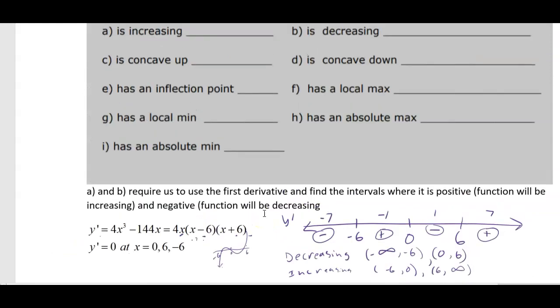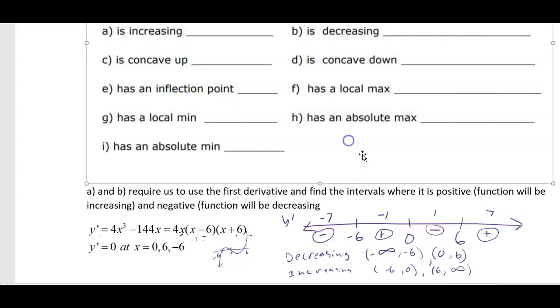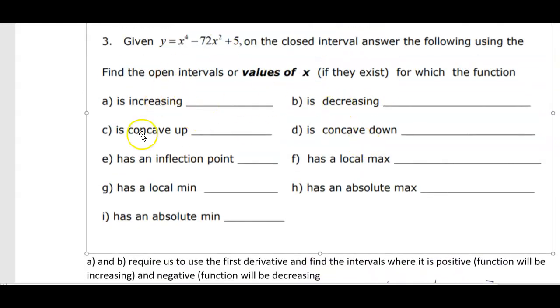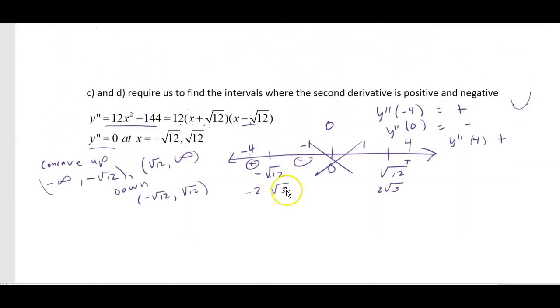Now we have our first and second derivative, and we look at this question here. We got A, B, C, and D. Then an inflection point will be where a 0 of the second derivative occurs where a sign change occurs. So it looks like we have two inflection points. The inflection points will be at negative root 12, f of negative root 12, and I'm not going to do that out.